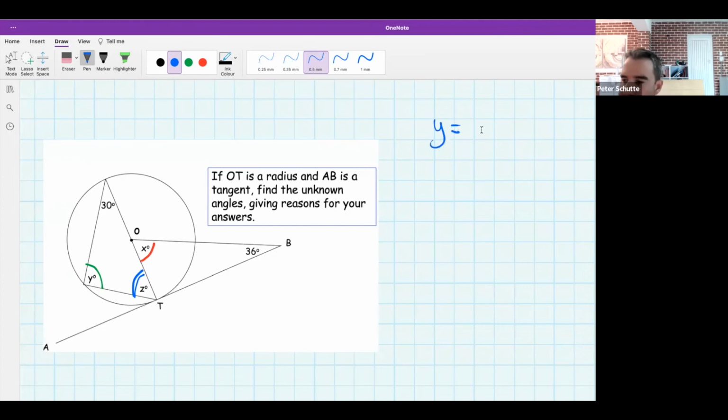Okay, so if I'm looking at the chat, most people in the chat anyway are saying y is 90, and I recognize y because this is a diameter. And so it's the angle in the semicircle. So angle in semicircle. So this is 90.